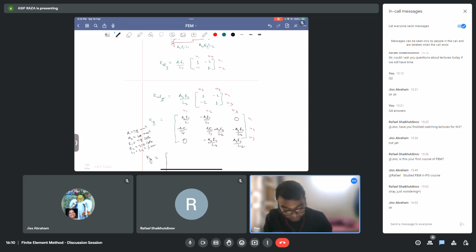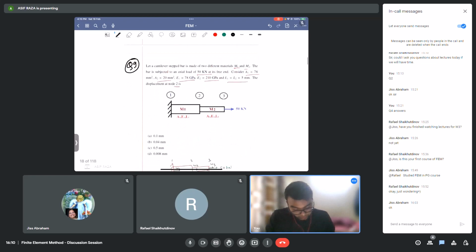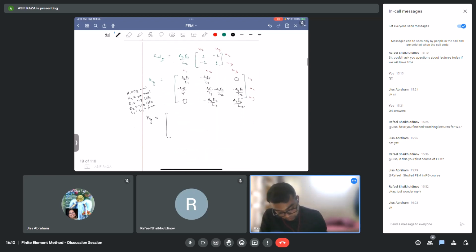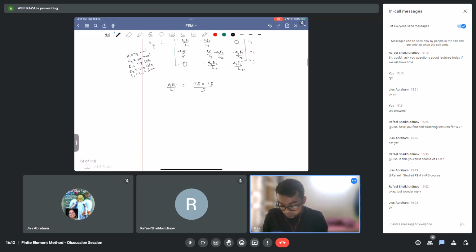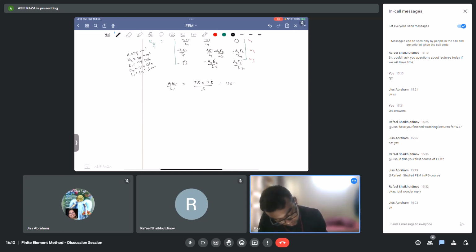Substituting this, we have prominently two values. We have A1 E1 upon L1, that is equal to 78 times 78 divided by 5, which is equal to 1216.